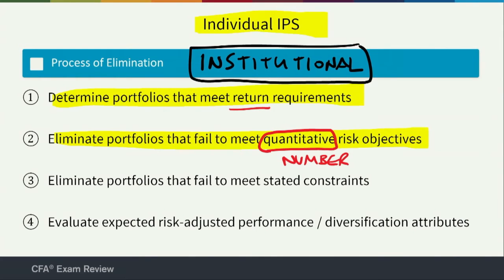If you think about the risk characteristics of a particular portfolio, there are 2 different ways. There could be one called the shortfall, and they'll tell you on the exam which one they're looking for. The shortfall risk is the average, the mean, minus 2 standard deviations away from the mean.